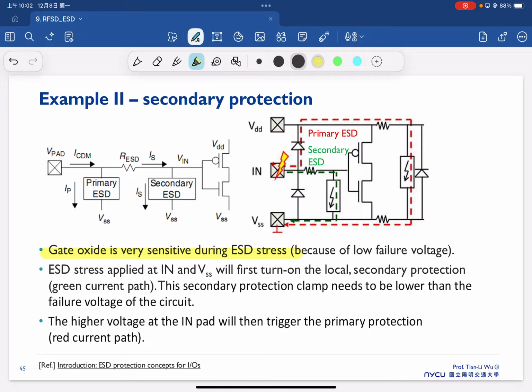So in reality, you will often see one primary ESD protection, but to make sure that our gate oxide won't be damaged, we also have a secondary ESD protection. That's the idea: we want to make 100% sure that our gate region will not be damaged by ESD events.